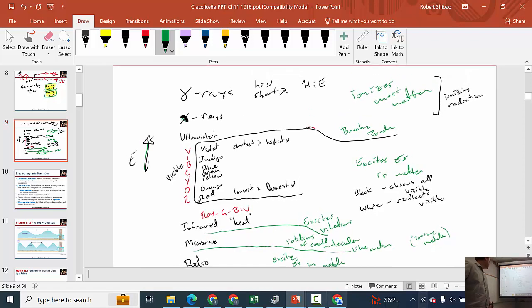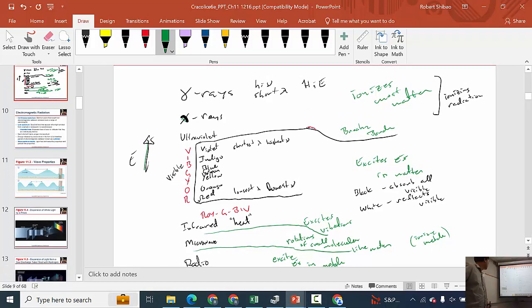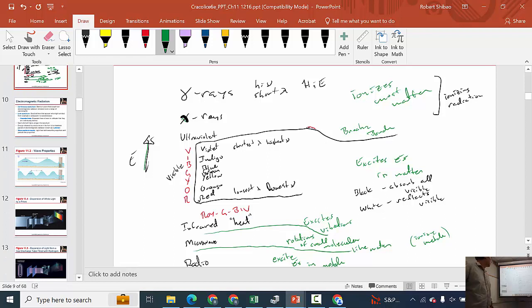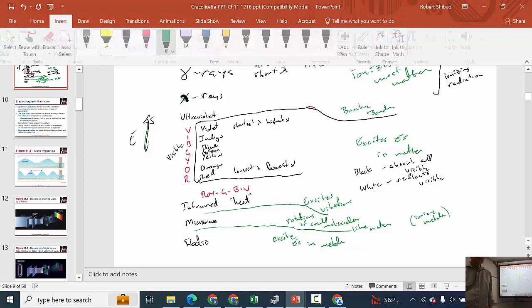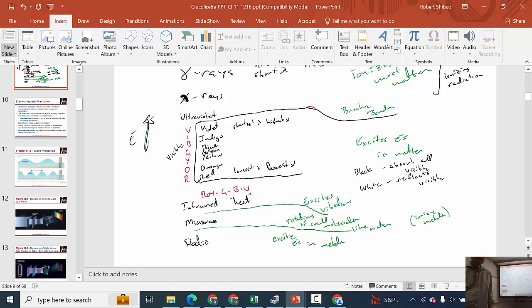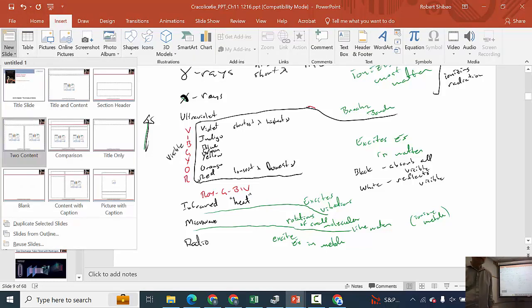So the thing about white light is, we're going to look at these two in more detail, black and white. So let me talk about that here.